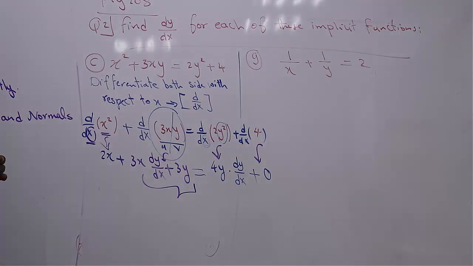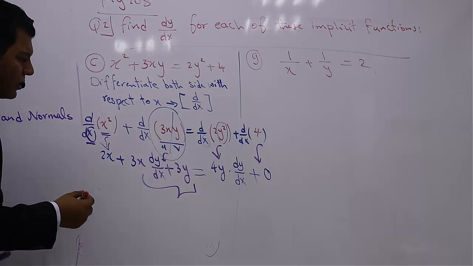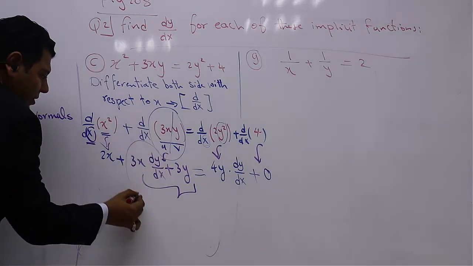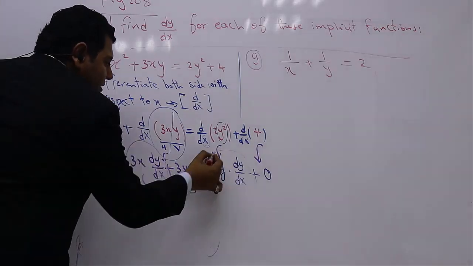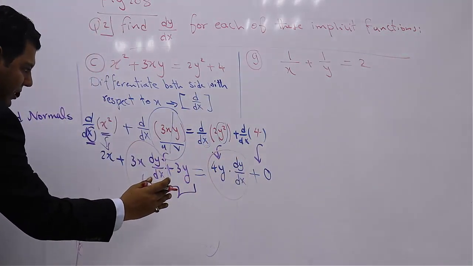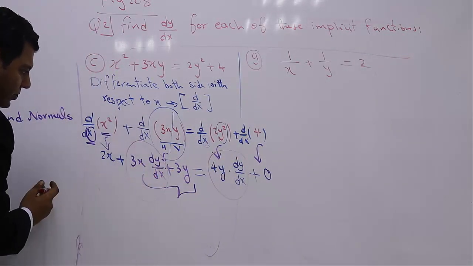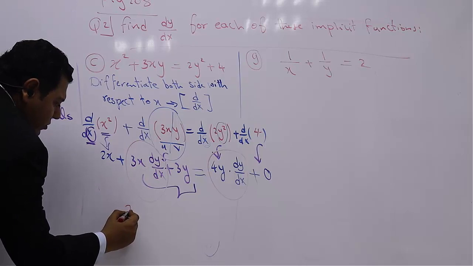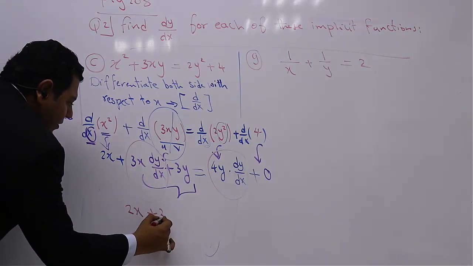What we have to do to find dy over dx. First, I want to keep all terms which contain dy over dx aside. How many terms contain dy over dx? I have this term, and I have this term. So I want to keep these terms on one side, and the other term on the other side. So I have here 2x plus 3y.